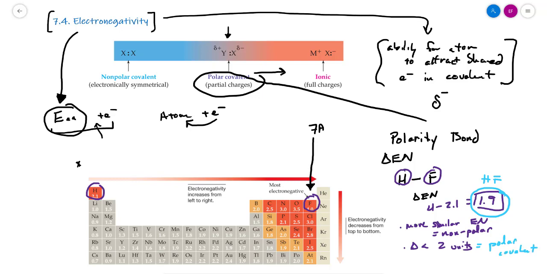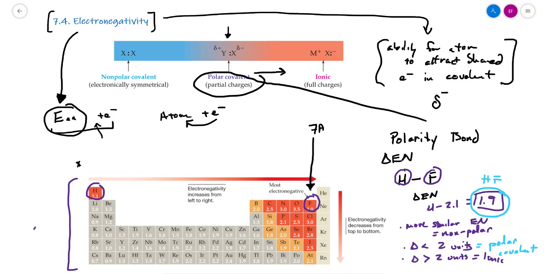If you have a compound where the difference is greater than 2 units, then we're going to call that ionic. These are loose rules of thumb, but they give us a sense of whether a compound is really polar or pretty nonpolar based on values like this.